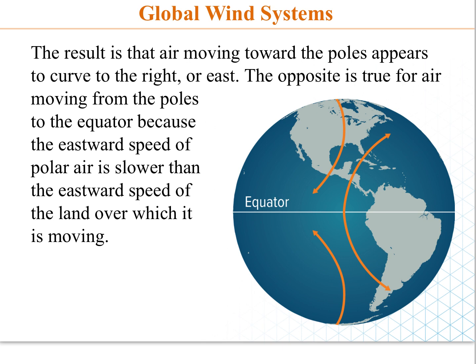So, large scale, we can get deflection to the right in the northern hemisphere, deflection to the left in the southern hemisphere. And this diagram shows you both when you go from the equator toward the poles and what you're going to get in each hemisphere. Definitely need to know this stuff, folks.